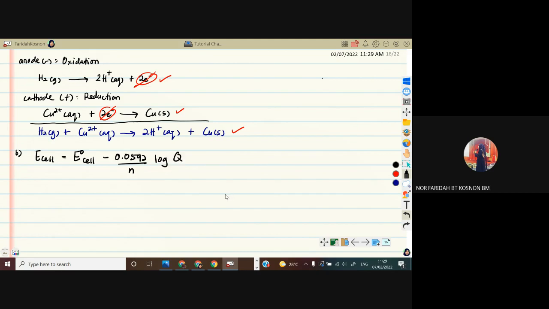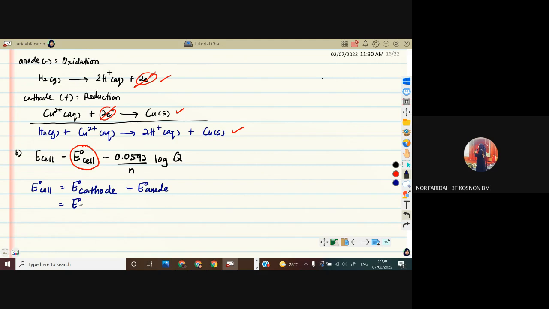Okay, sekarang oleh kerana saya perlukan E not cell, saya kira dulu E not cell. E not cell is equals to E not cathode minus E not anode. So the cathode is copper tadi.